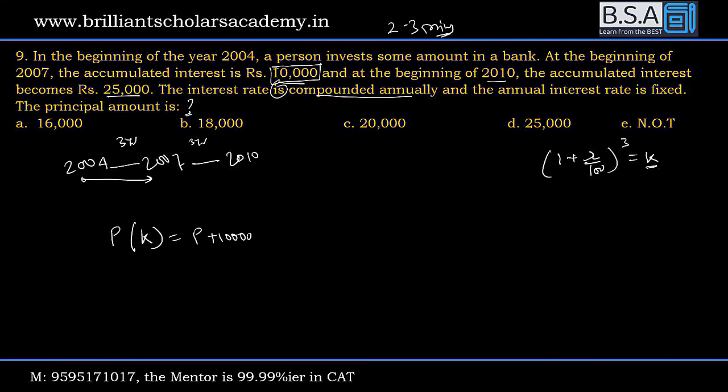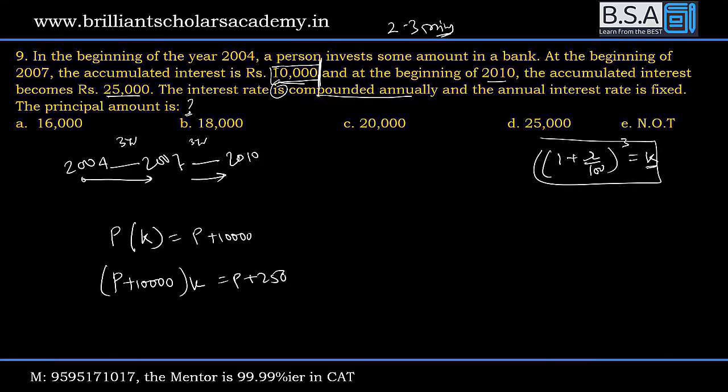Now this becomes the principal for the next 3 years. P plus 10,000 into k. This is worth 3 years growth, that is principal plus 25,000. The total interest becomes 25,000. All I need to do is create a ratio. I don't even need to find the value of k.